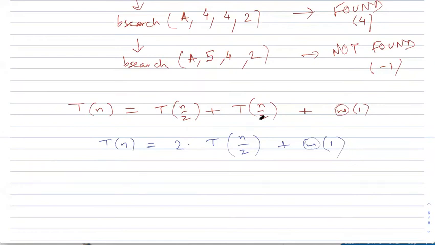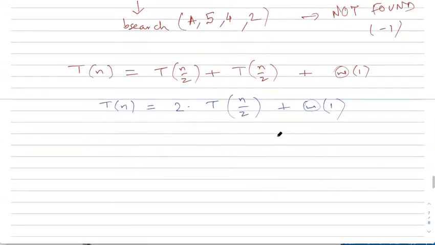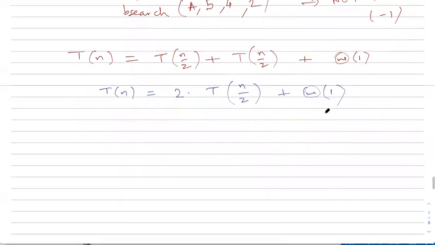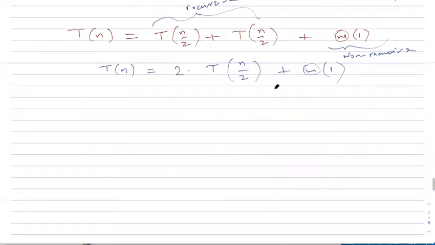That depends on what else is happening in the base conditions or in the non-recursive portion of your algorithm. So this captures the non-recursive portion, and this captures the recursive portion of your algorithm. That would be the typical way in which the recurrence relationship will come out.